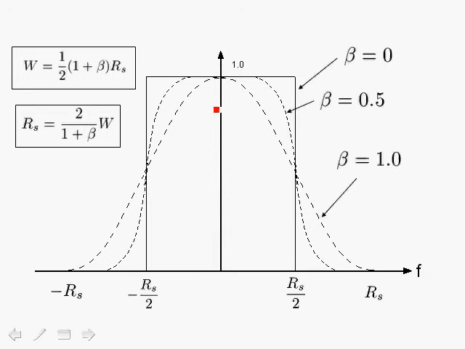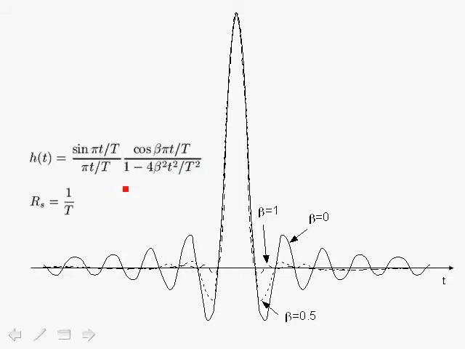Let's go ahead and take a look at the impulse responses of this family of pulse shaping filters in the time domain. This is a very important formula, which is the formula for the impulse response for the class of filters that are the raised cosine Nyquist filters. For all cases of beta, notice that we have zero crossings at time intervals T seconds apart. So when t is a multiple of capital T, we get 0 for the impulse response.